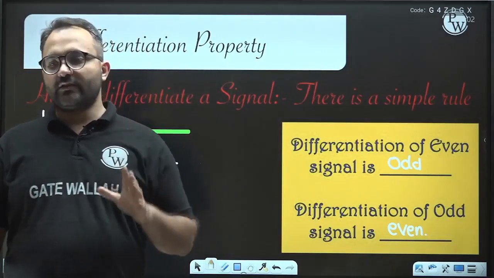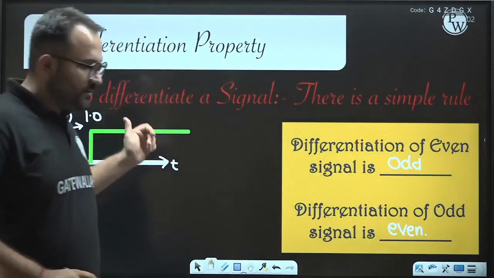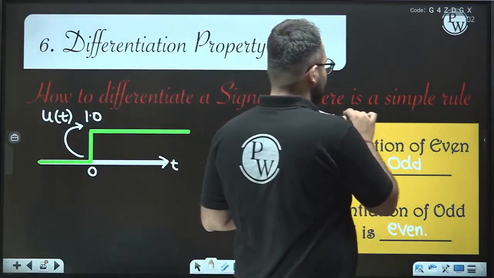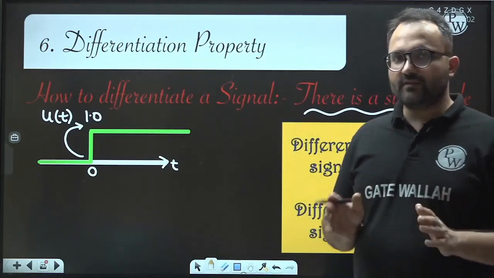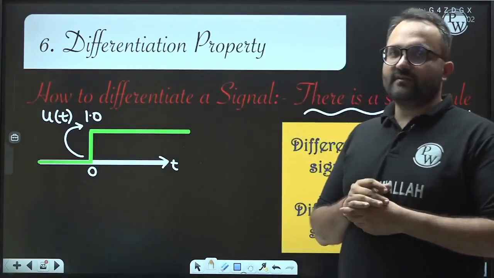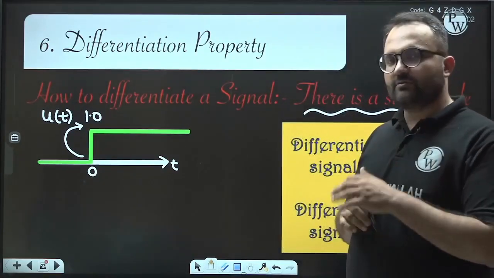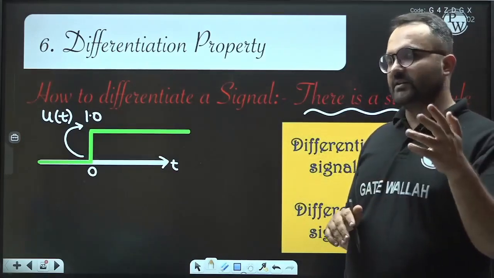I am repeating the statement. That is what the rule is. What is the rule? If in a signal we have a sudden jump, then the differentiation of that signal at that particular location of the jump will have a delta.